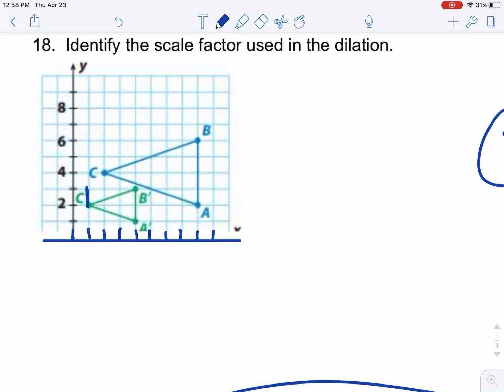This line has a slope up 1 over 3. This has a slope up 2 over 6. 2 over 6 is the same thing as 1 over 3. These lines are both vertical. These lines are both down 1 over 3, down 2 over 6. I know that's getting a little clustered there.